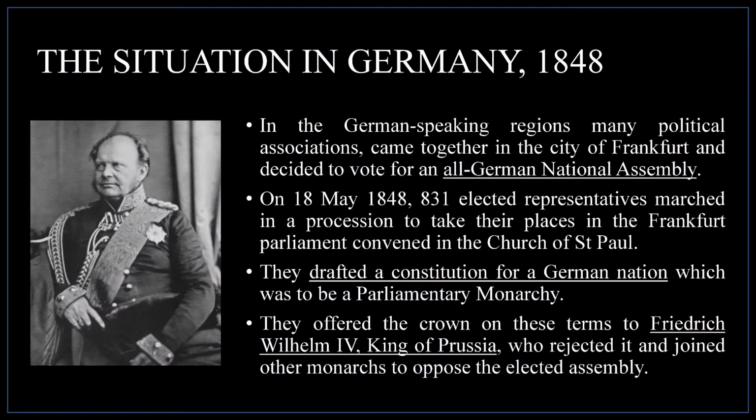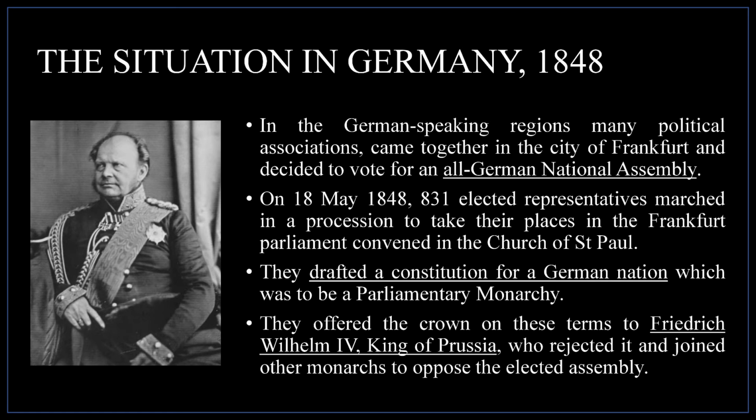In the German-speaking regions, many political associations whose members were part of the educated middle class came together in the city of Frankfurt and decided to vote for an all-German National Assembly. On 18th May 1848, 831 elected representatives marched in a procession to take their places in the Frankfurt Parliament, which was convened in the Church of St. Paul.